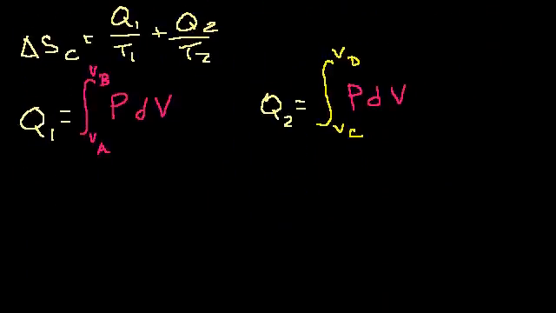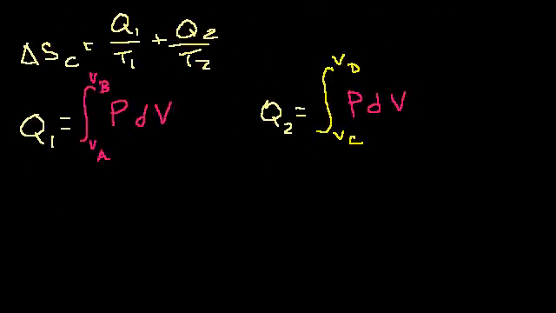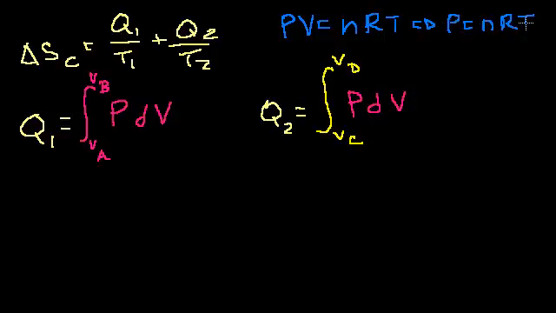If we go back to our ideal gas equation, PV equals nRT, we can divide both sides by V so that P is equal to nRT over V. We substitute that back in for P in both cases. That is P as a function of V. We now have the equation of the curve, and we're taking the area under it in both cases.